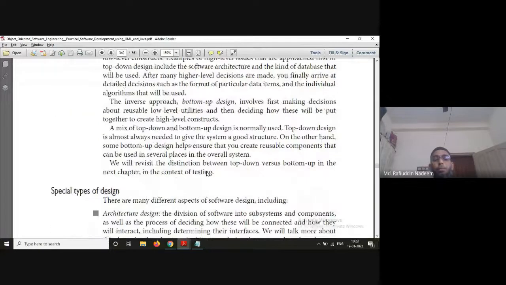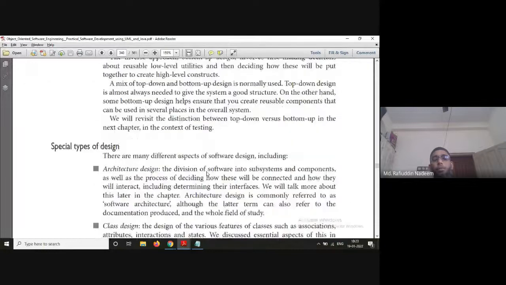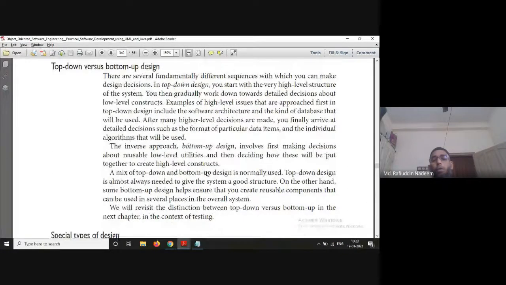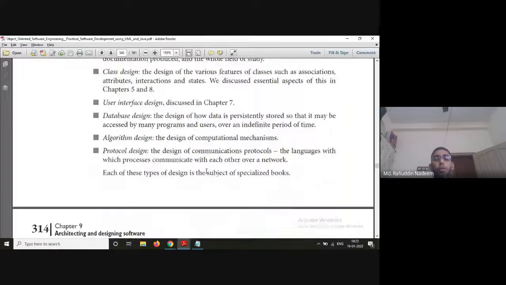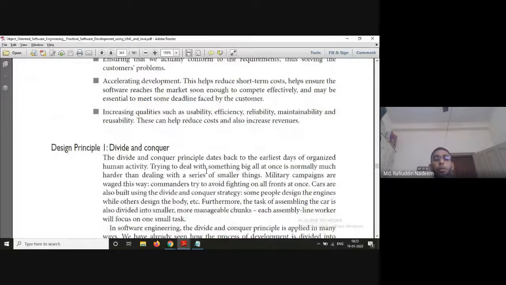Next is about what top-down design and bottom-up design are. I will discuss this briefly in the next class. Already you know what types of designing we have. Then I will talk about the principles leading to good design.